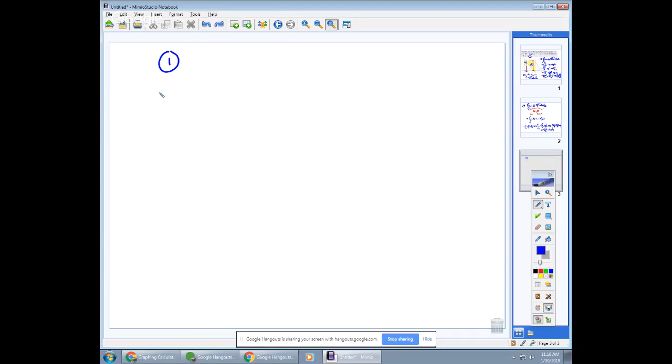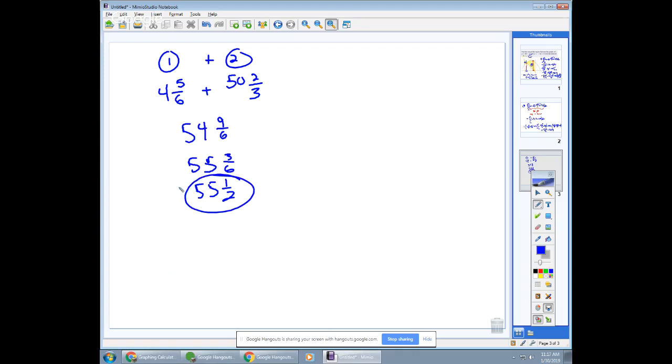Plus area 2, which is 50 2/3. 2/3 is 4/6. So let's see, that gives me 54. 4 and 5 is 9/6. 6 goes into 9 once. That's going to give me 55. And let's see what's left over, 3/6 or 1/2. Should be the final area.